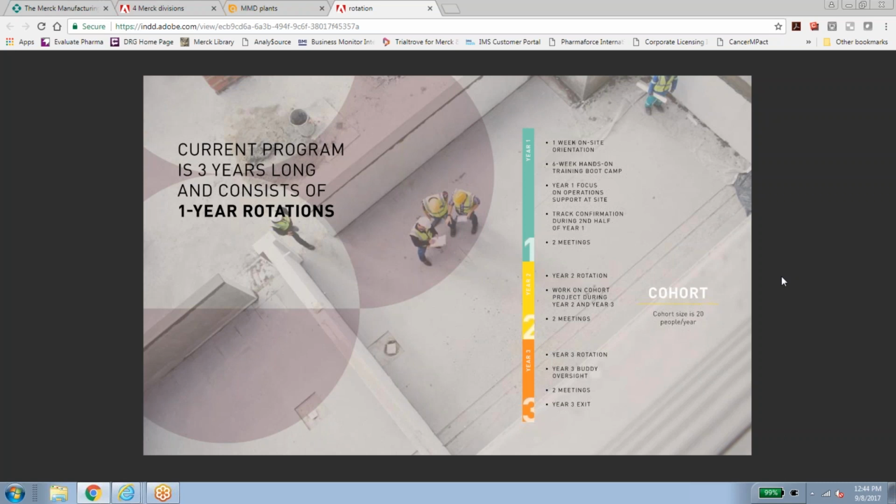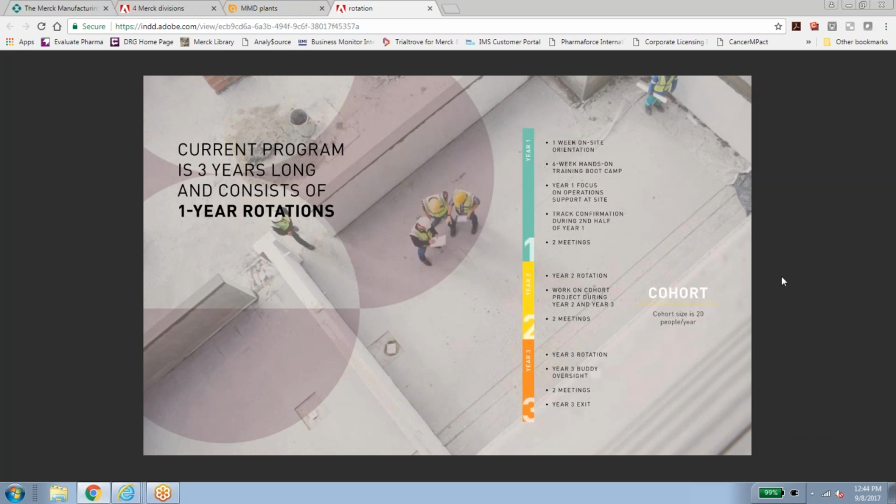So if I go back to my comments around completing your first rotation in operations, the way that we prepare you to do that, regardless of your educational background, is to put you through a 6-week boot camp where we train you through more of the on-the-job learning in our Merck Production Systems.